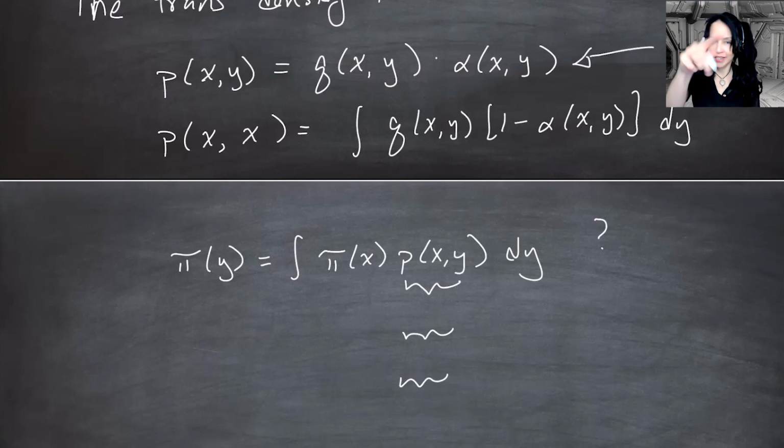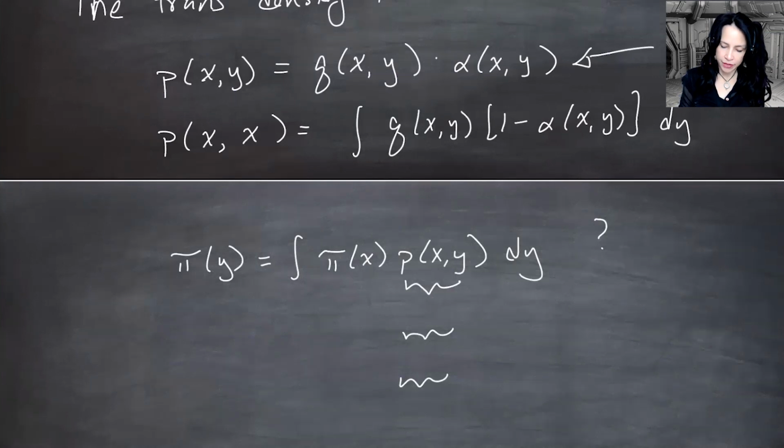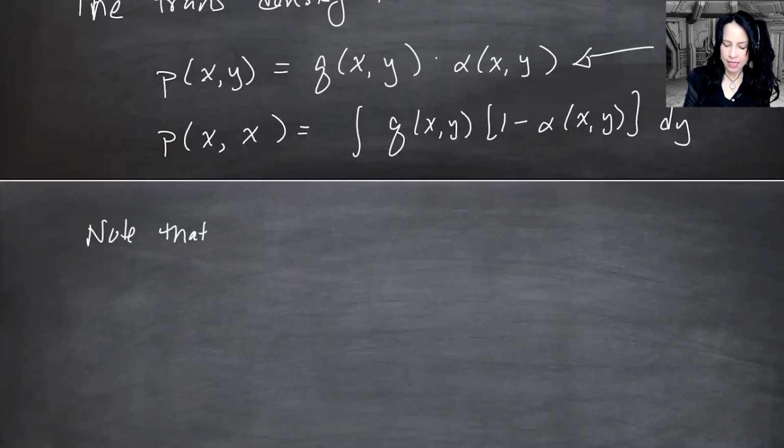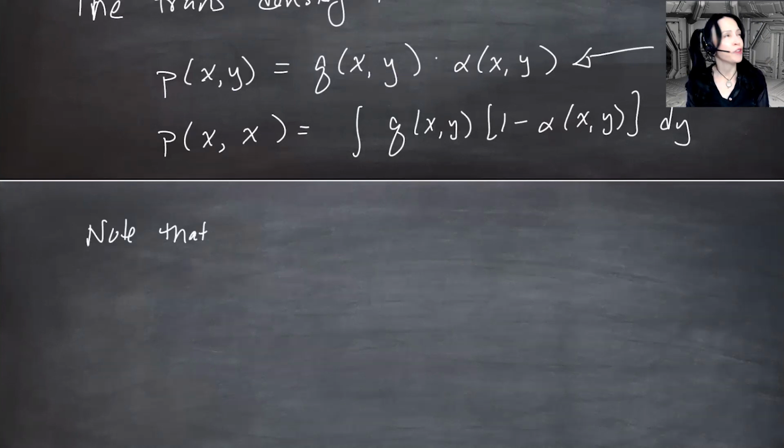But it's not hard if we have reversibility. And that's exactly why Metropolis and Hastings define that ratio as they did. So I'm not going to try the integral approach. Note that pi is reversible with respect to p, or p reversible with respect to pi.